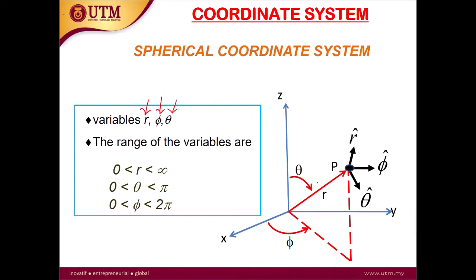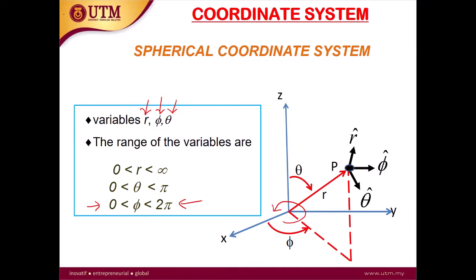Refer to this diagram. We can see that phi is basically defined as the increment along the xy plane, going around here. So when it goes around, the range of phi varies from 0 to 2 pi all over.